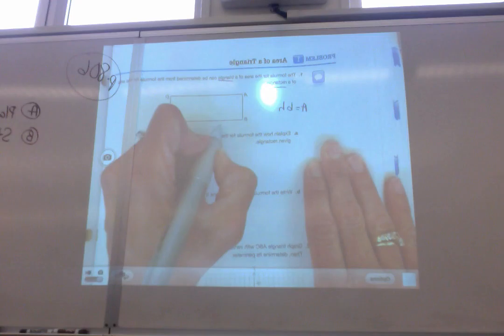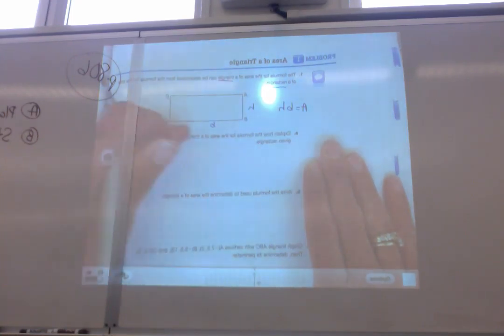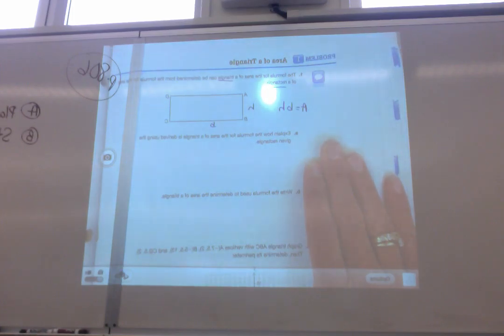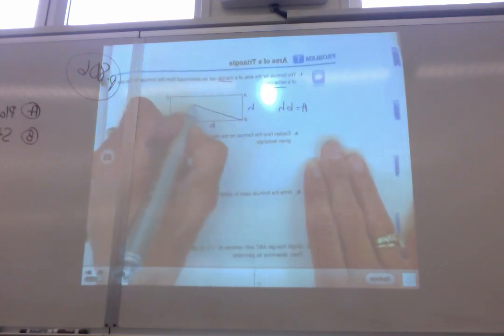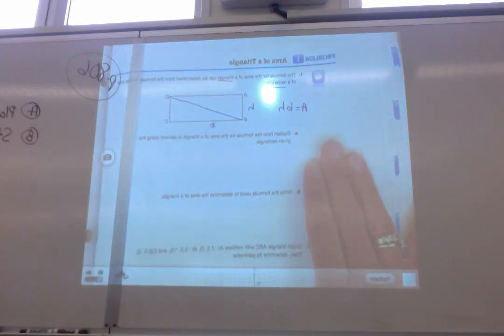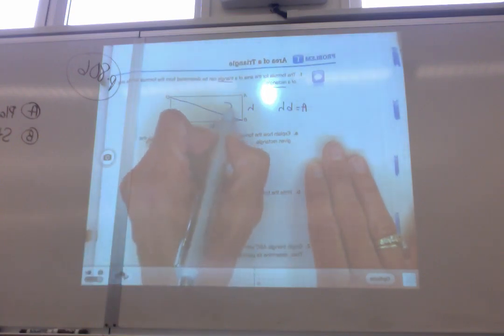Okay, where that's the base and that's the height. How can we get a triangle out of this? You draw a line from B to D or A to C. Okay, so if we drew a line like this, and we could have drawn it like that, it creates a triangle, yes? What portion of the rectangle is, say, this side?